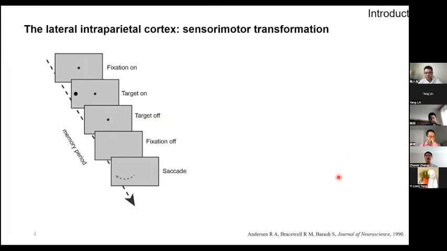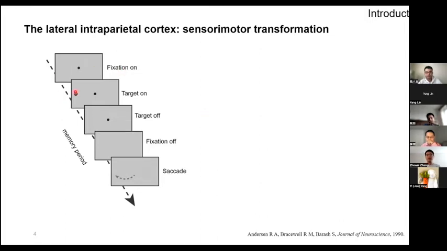Like many other visual cortex areas, LIP neurons are active when a salient visual stimulus is shown in the receptive field. Besides that, similar to motor cortex, LIP neurons are also active before monkeys make a saccade to their receptive field. Let me take this memory saccade task as an example.